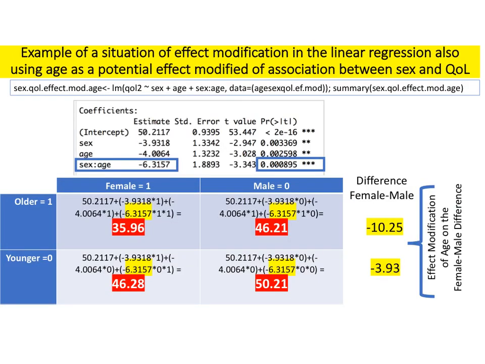We have now an example of effect modification in the association between sex and another scale of health-related quality of life. And you see here, among the older, if you compare women and men, you have a very large difference of about 10 points, and lower here, approximately 4 among the younger.